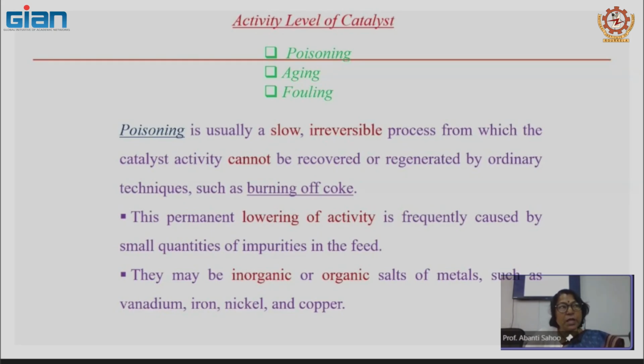Usually we need that catalyst regeneration should be there, so that we can reuse the catalyst. But if the catalyst is poisoned, the reaction becomes slow and irreversible, the catalyst activity cannot be recovered, and sometimes there will be permanent lowering of the activity also.